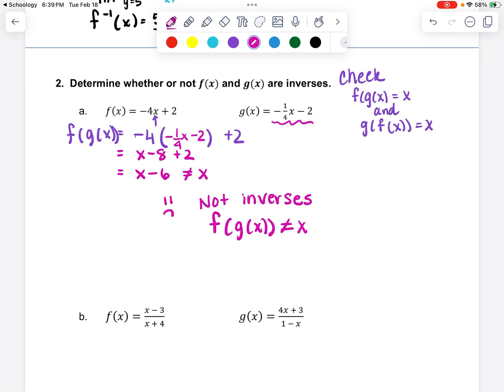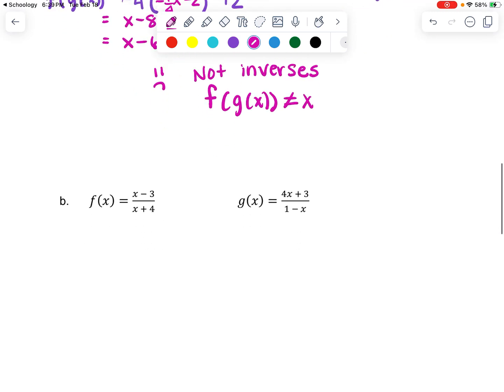Okay, let's check these two. This one's going to be real special, because we got lots of fractions and we know how much we love fractions. So let's try it. f of g of x equals. Everywhere I have an x, I'm going to put this entire thing of g to replace it.